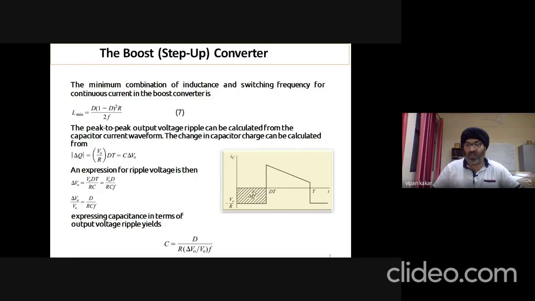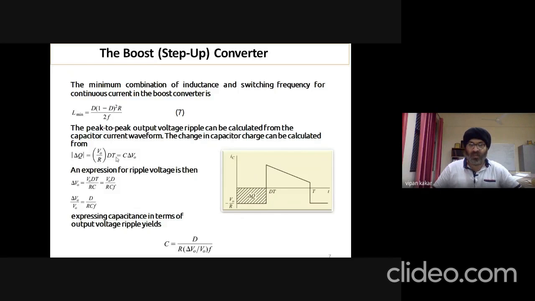So during this turn on time, this will be the change in capacitor charge, which comes out to be C multiplied by change in output voltage. And this change in output voltage is called ripple, we know that. So that fluctuation in output voltage, we can easily find using this formula.